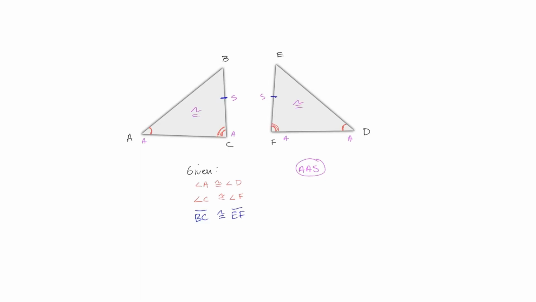Now, if you were given instead AC is congruent to FD, and they put the included side, the side in between, then we would say this is angle, side, angle. Since I gave you something different, you have to give me, in turn, a different rule.